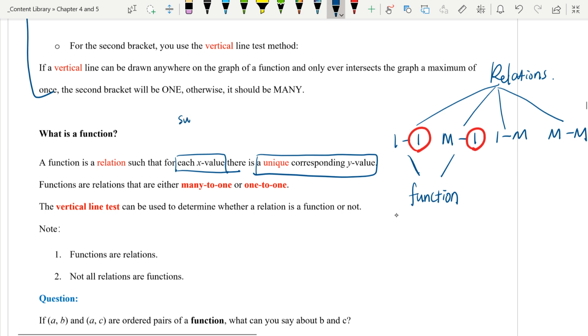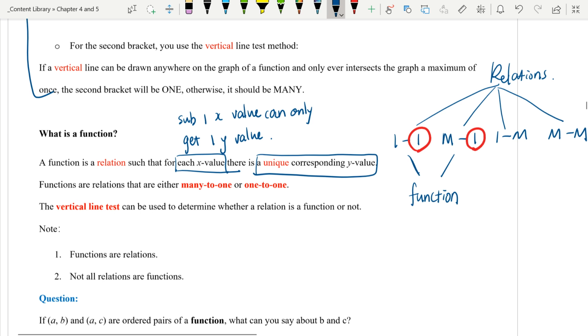Basically it means one x value can only get one y value. So each x has a unique corresponding y. Which means if x equals 1, I won't get y equals 2 or 3. I know there's only one y value corresponding to that.